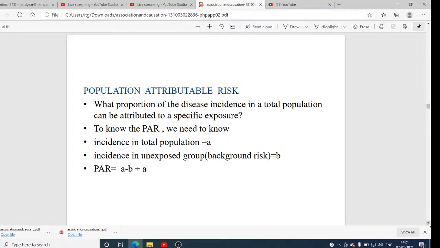To know the PAR, we need to know the incidence in the total population, which is A, and the incidence of the unexposed group, which we consider as B. Now population attributable risk is equal to A minus B divided by A. So the formula becomes (A minus B) divided by A.